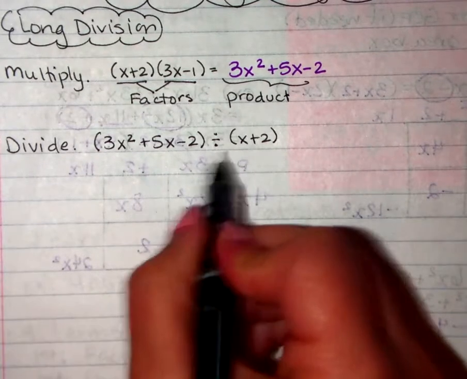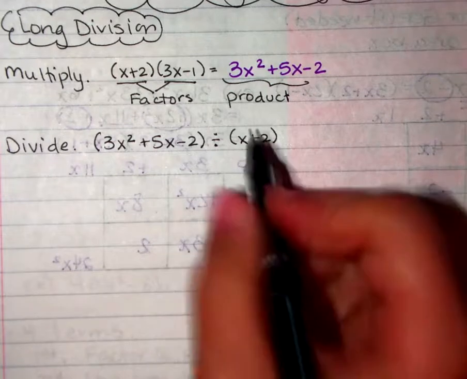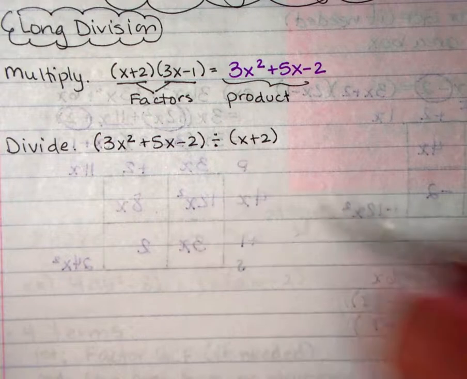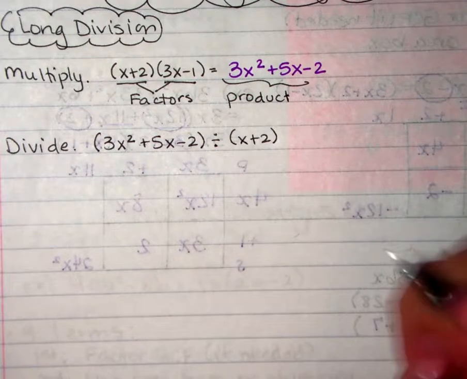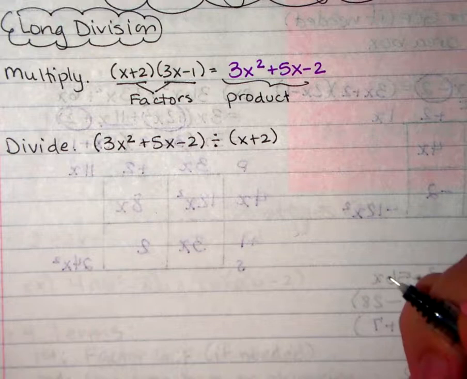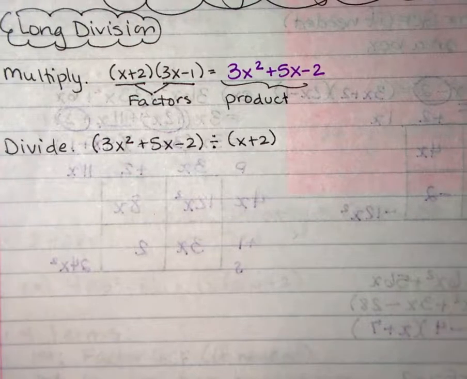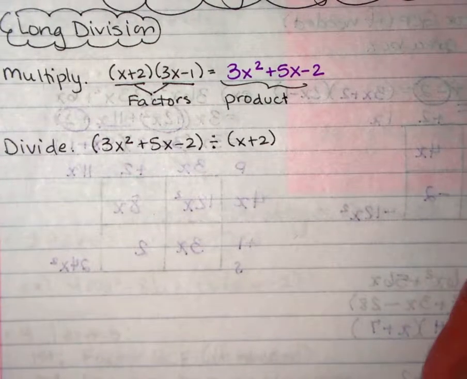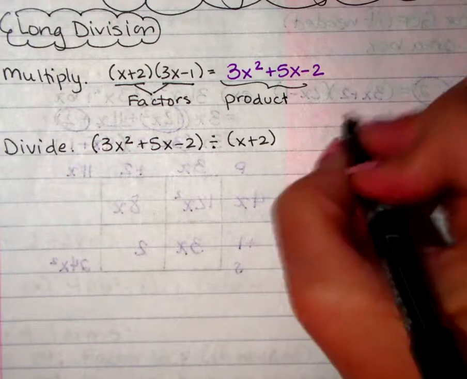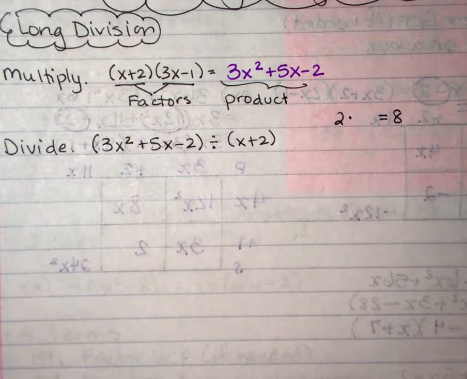The second question I want to know is, is x plus 2 a factor? For x plus 2 to be a factor means I have to have no remainders. It's very similar to questions of multiplying and dividing from when you first learned math facts. For example, if I want to know, is 2 a factor of 8, I'm thinking, is 2 times something going to give me 8?